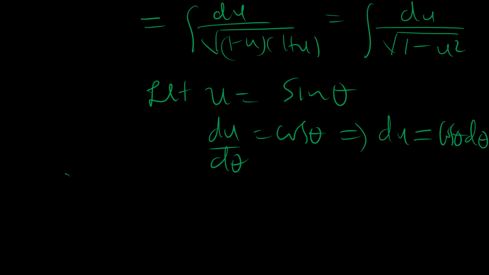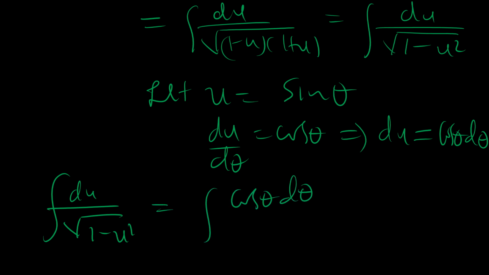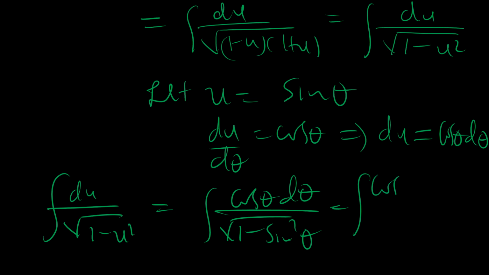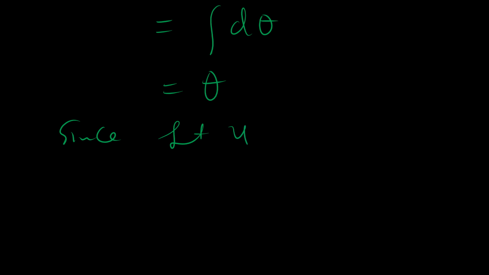And so our problem du over square root of 1 minus u squared is the same as cosine theta d theta over the square root of 1 minus sine squared theta. 1 minus sine squared theta is cosine squared theta, and the square root of cosine squared theta is cosine theta, so we have cosine theta over cosine theta, and that cancels.